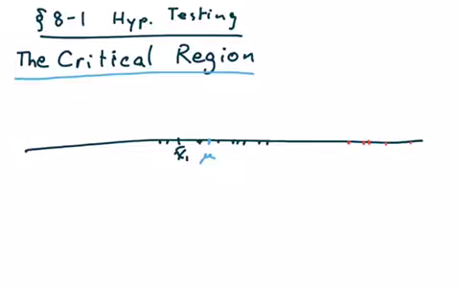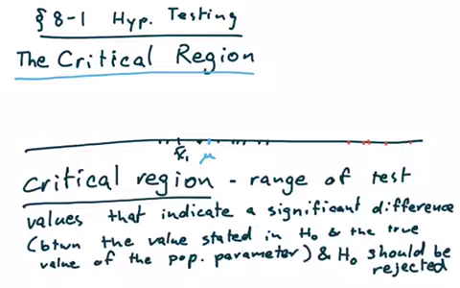So that draws us to what we're going to talk about right here. What is the critical region? The critical region, definition. The critical region is the range of test values that indicate, and the test value, by the way, is the calculated value from our sample.